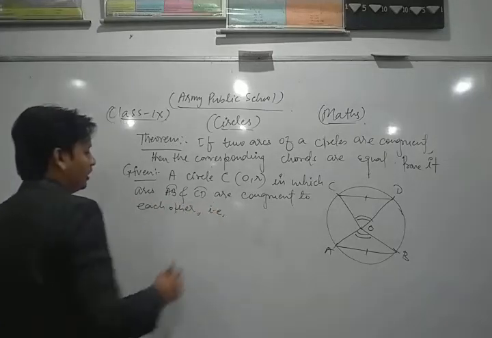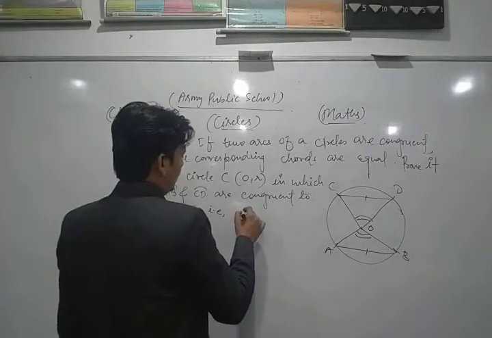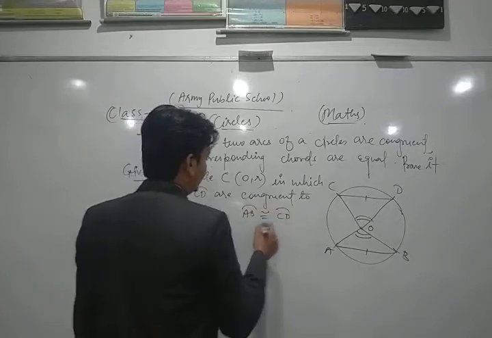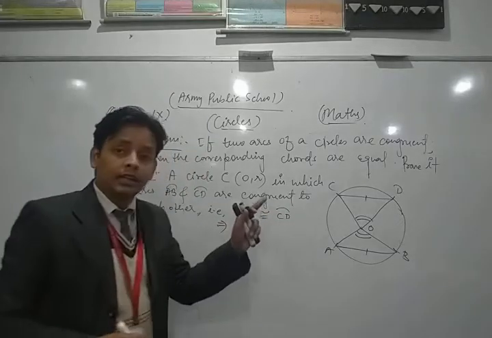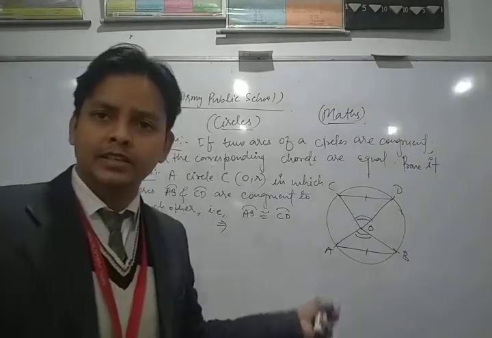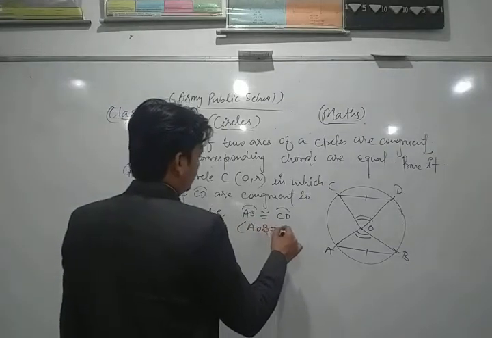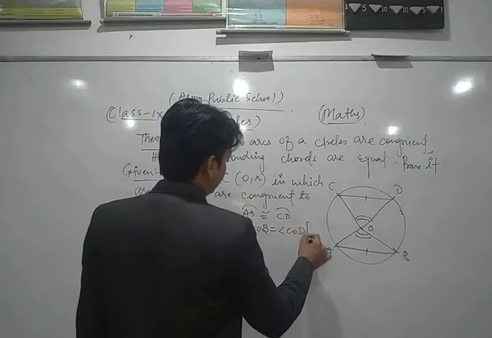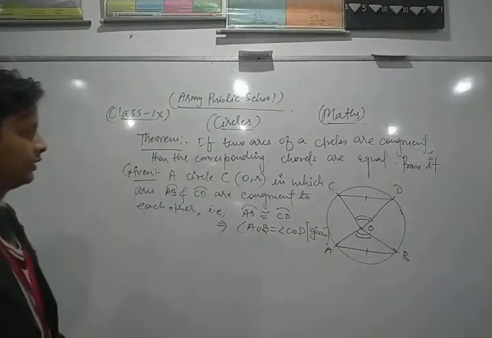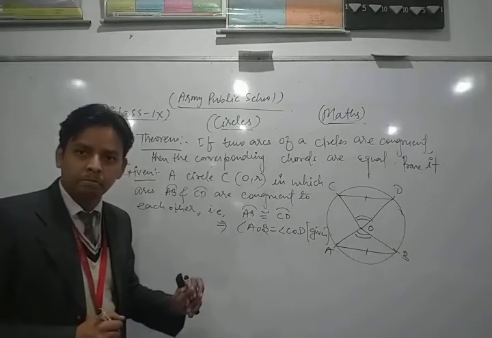Congruent to each other means arc AB is congruent to arc CD. It means that both the arcs subtend equal angles at the center. That is, angle AOB is equal to angle COD. This is given, so we write these things in the given.